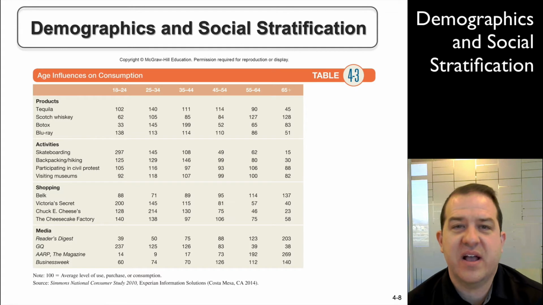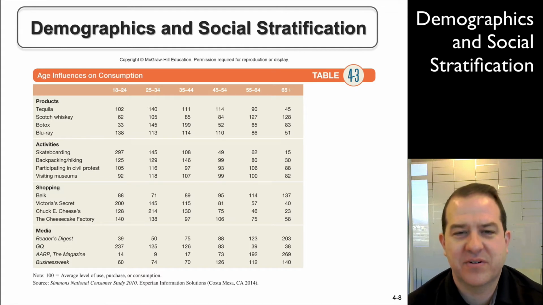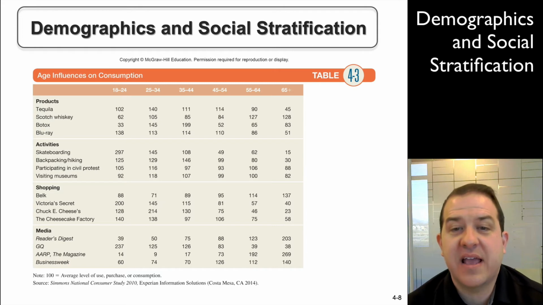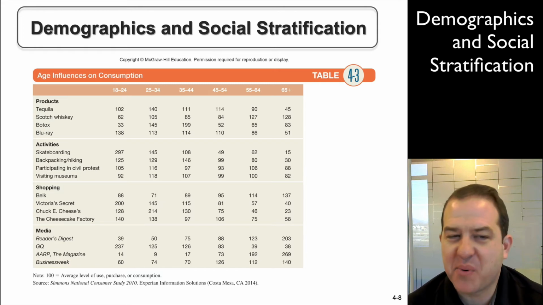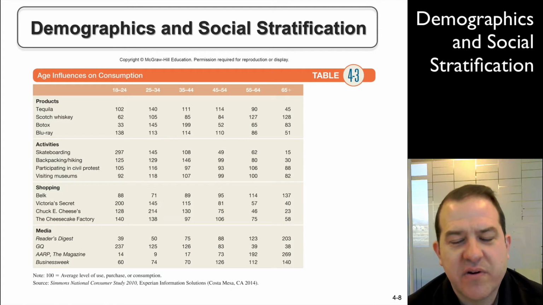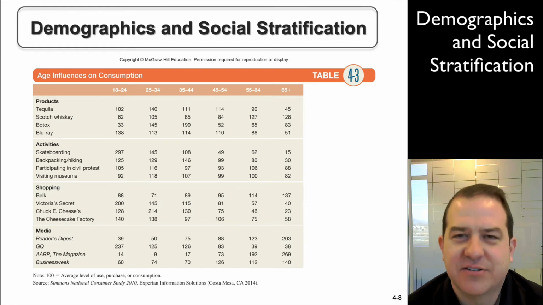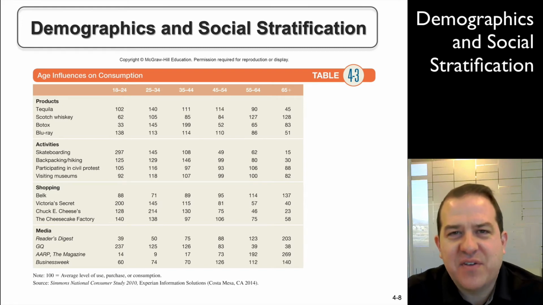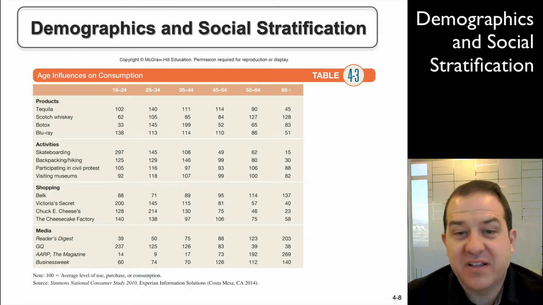So we have a 3x from the average amount of people that are skateboarding. If you go to 35 to 44, though, that's almost at the average. It looks like 45 is when you start breaking stuff and you really start worrying about it. But as someone who's 43 right now, I can tell you I haven't touched a skateboard in 20 years. Well, maybe 10 years. I feel like I'm too frail and I don't have as much balance. But I used to skate all the time.